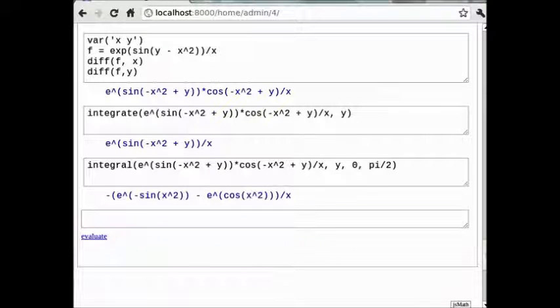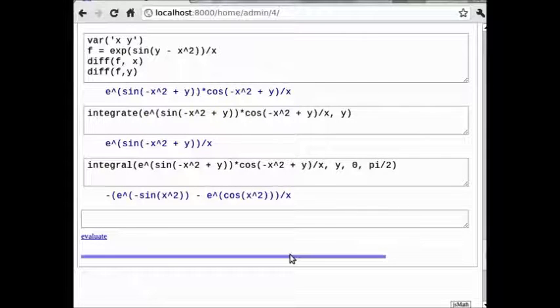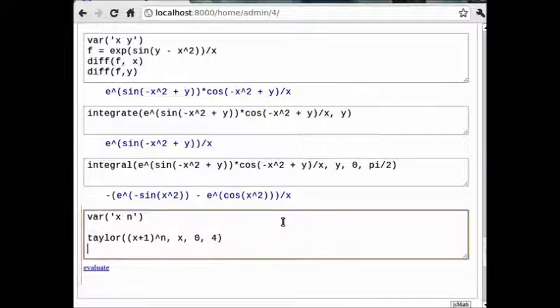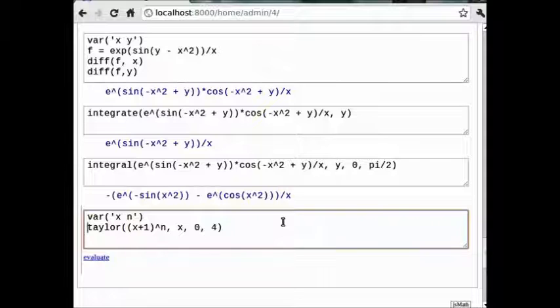Now let us see how to obtain the Taylor expansion of an expression using Sage. Let us obtain the Taylor expansion of (x + 1)^n up to degree 4 about 0. So for that you can type var('x n'), then type taylor((x + 1)^n, x, 0, 4).